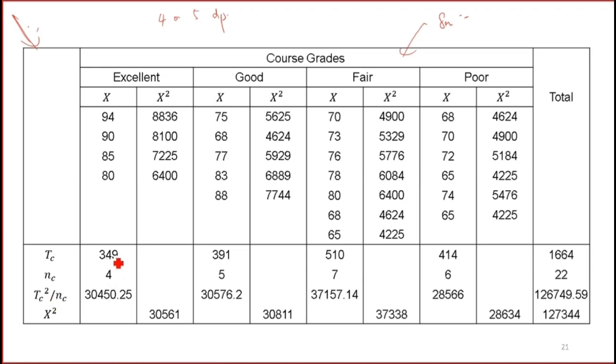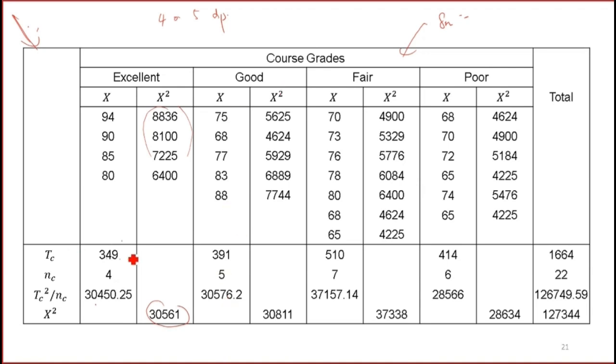So 349 to the power of 2 divided by 4, and you get this answer. Then x power of 2, total everything is 30,561. Then you need to repeat for all groups.